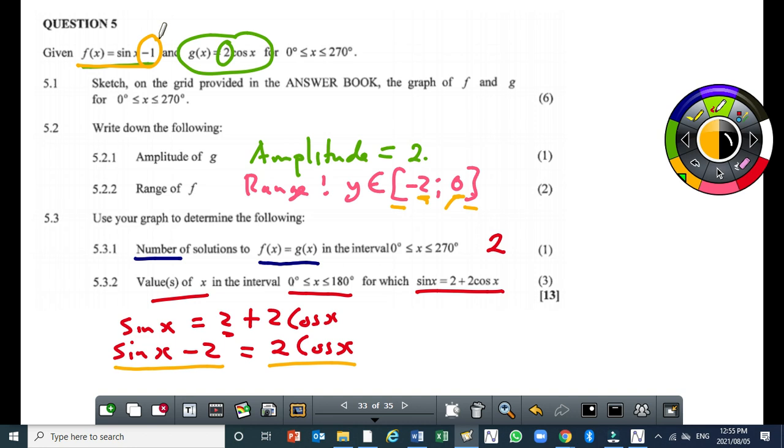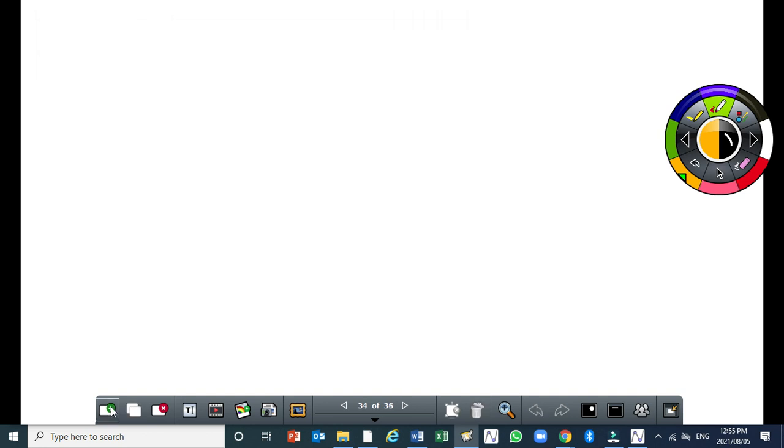Let me go to the next page because this part here is a little bit tricky. So this equation, I'm going to rewrite nicely on this page. Let me start again. This is not a very easy question. It's more like a level 3 or level 4 question. It's a higher order question. It requires a better understanding of the graphs and the equations. So sine x is equal to 2 plus 2 cos x.